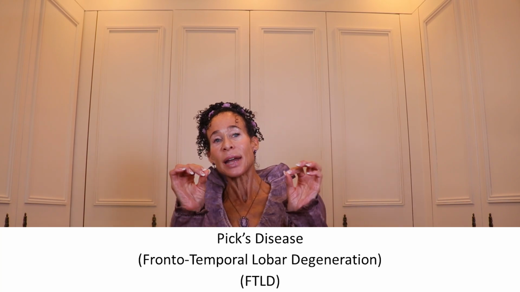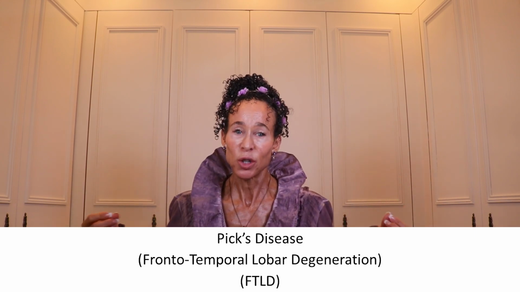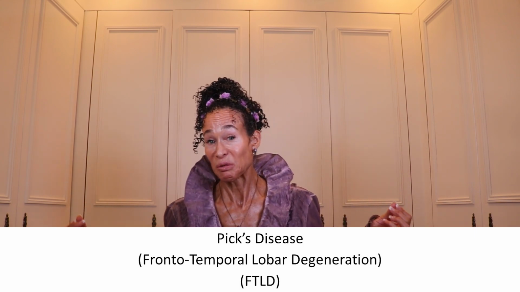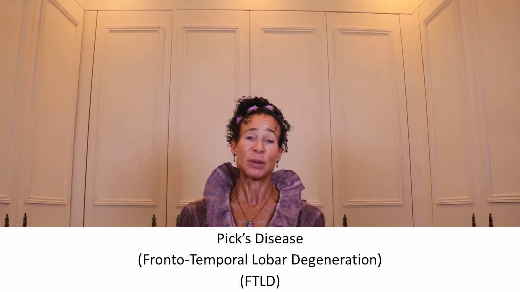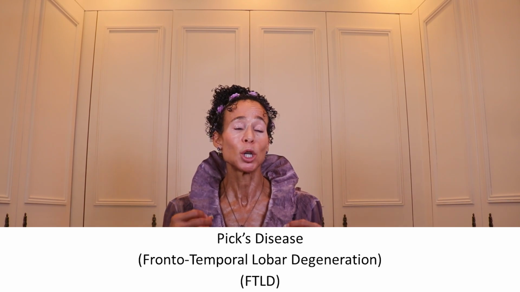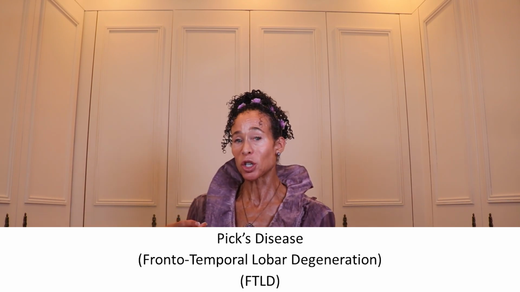Pick's disease actually has a much more anatomically specific technical name. And of course, when you hear it, you're glad that I've chosen to call it Pick's disease. Its technical name is frontotemporal lobar degeneration. In other words, it affects the frontal and temporal lobes of your brain.